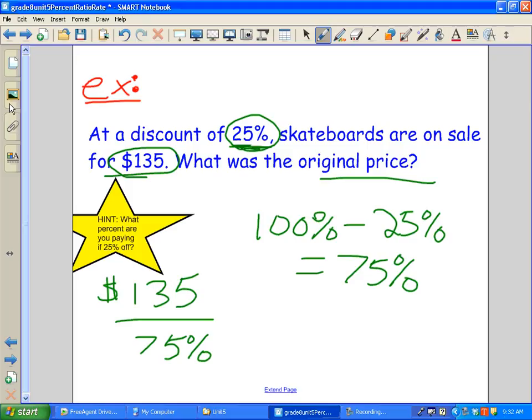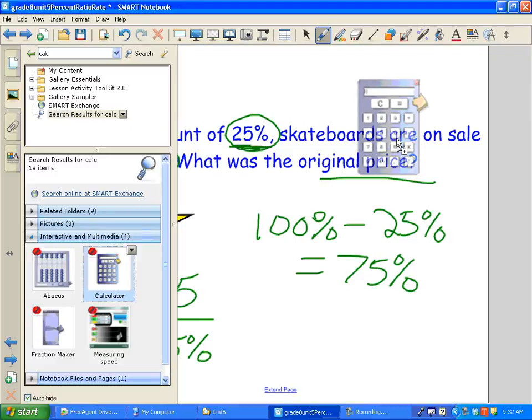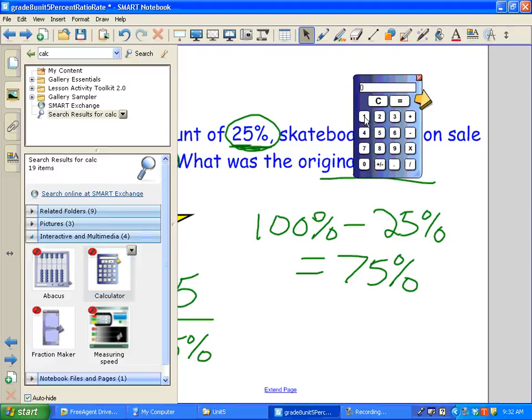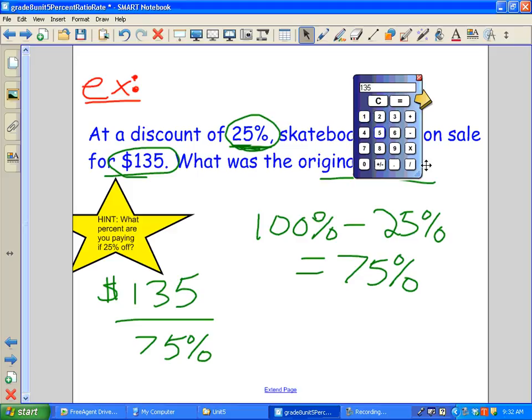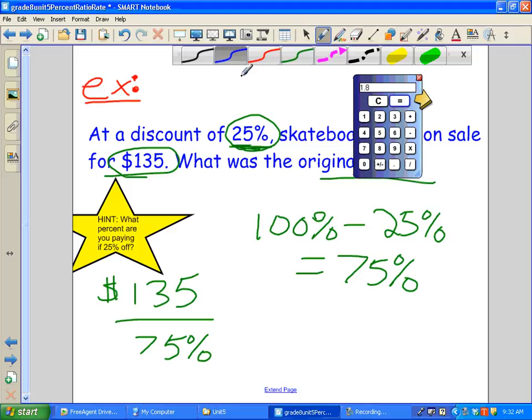So 135, we're going to divide it by 75%, and we will get the cost per percent, or for 1%.